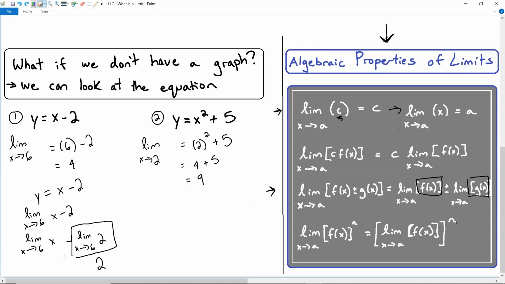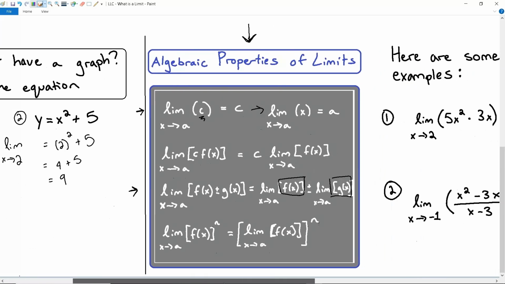So I could say that the limit here for x is a 6, and 6 minus 2 is, you guessed it, 4, which is the same answer we got up there. It gives you the same answer. It's really just a matter of notation. You're showing maybe on a test how you're able to break down an equation or a function by using algebraic properties to find a limit.